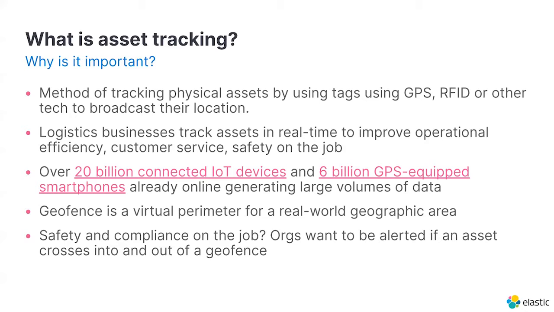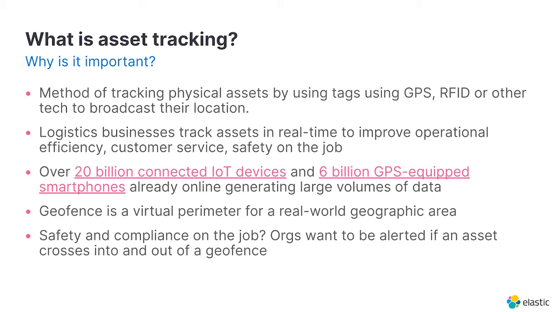A lot of that involves improving operational efficiency to understand where something like a delivery van or something like a DoorDash driver is, and also for customer service. So if I, as a customer, am tracking something that's being delivered to me, I need to know where that asset is.